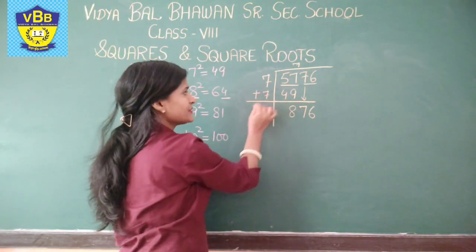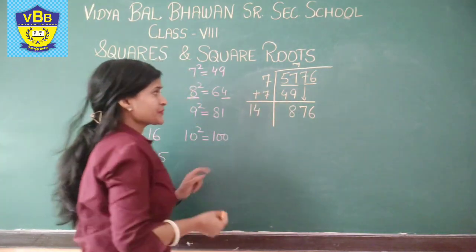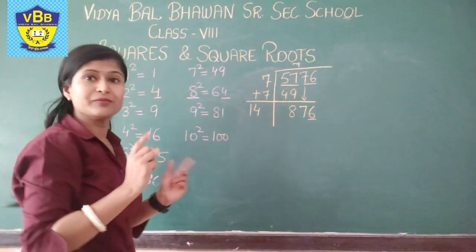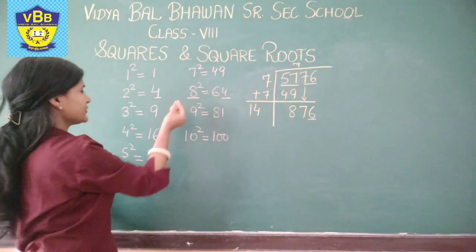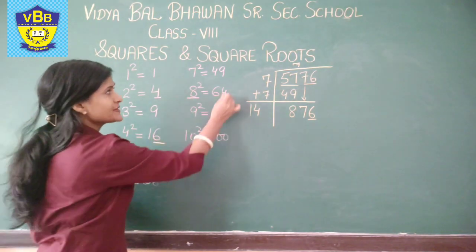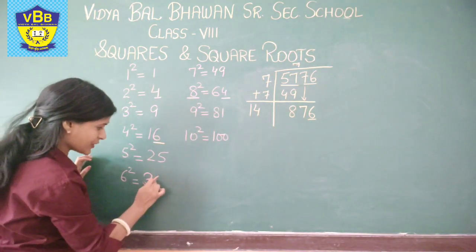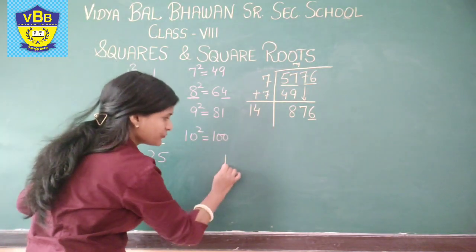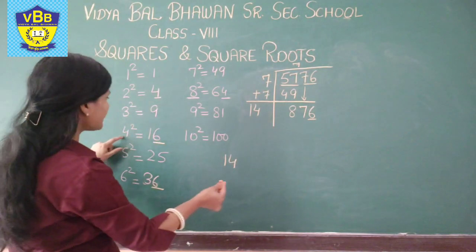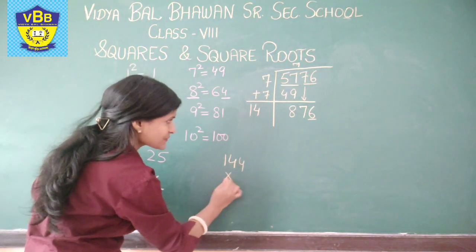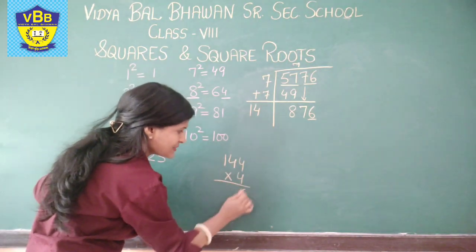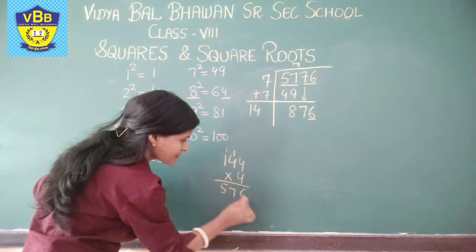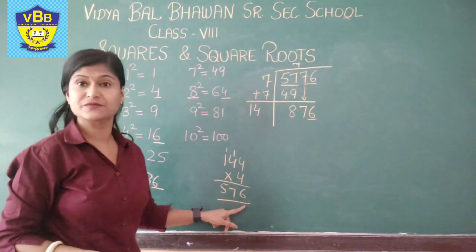7 plus 7 makes 14. Now 14, and here is 6. What number's square will give you 6 as a ones digit? One is 4 and the other is 6. If you multiply 14 with 4 in the ones place, 4 fours are 16, and 4 fours are 16 and 17, which is 576, which is smaller.